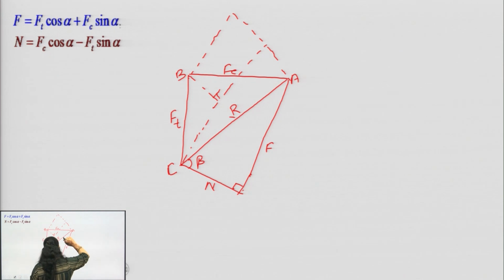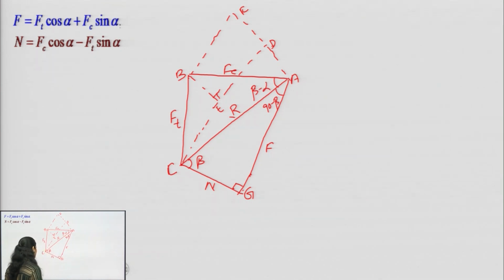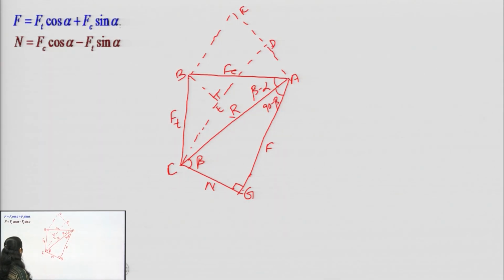This was basically D, F, this was E, this was G. Okay. This angle was 90 minus beta, and this one is beta minus alpha. Okay. Now, what we will do? We will find out the N. Okay. We will find out the force N.